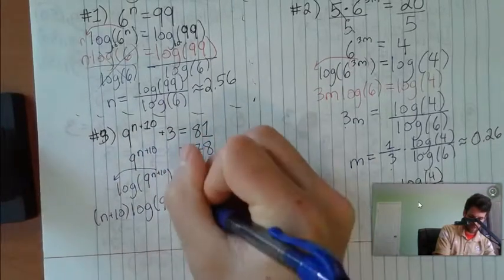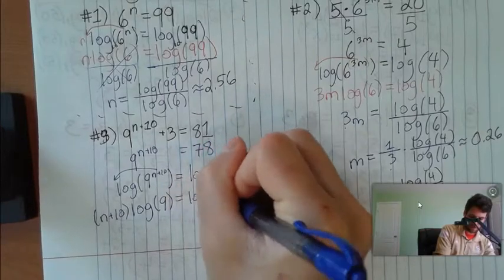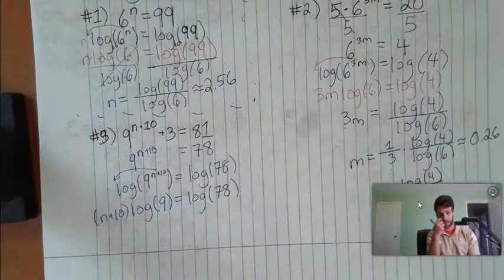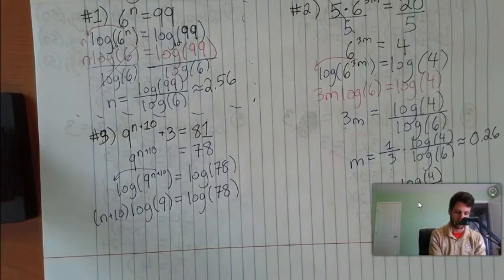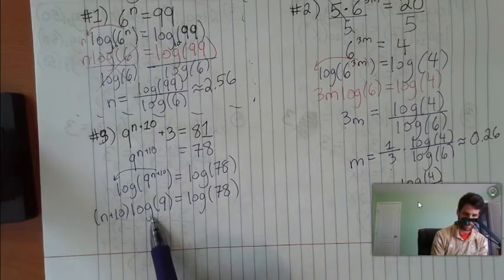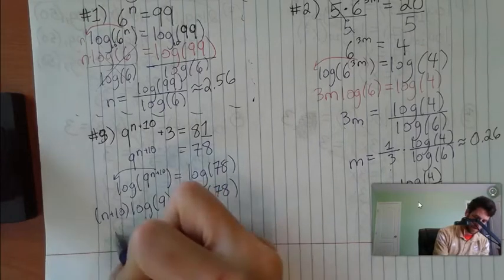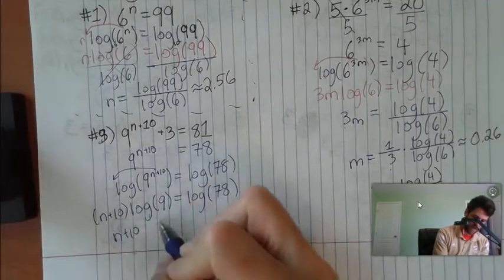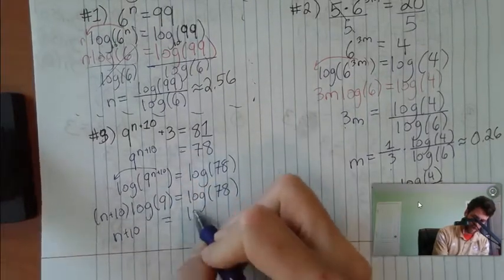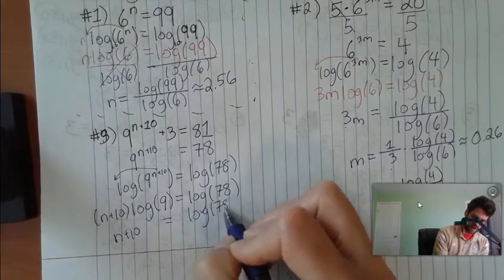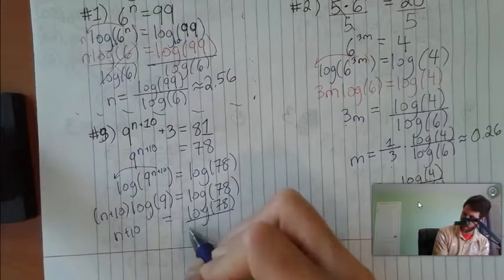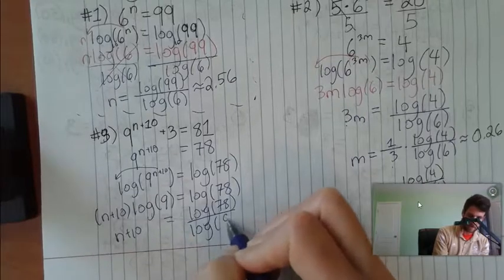And we get a result like that. n plus 10 in parentheses times log of 9 equals log of 78. And then I'm going to divide by this log of 9 right here. That would leave me with n plus 10 alone. And then we have log of 78 over log of 9.